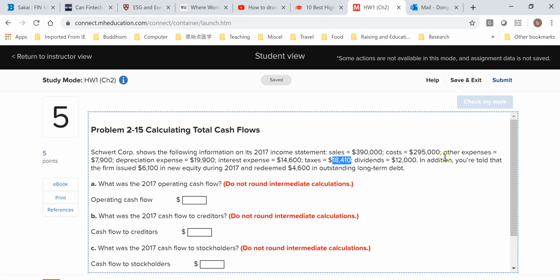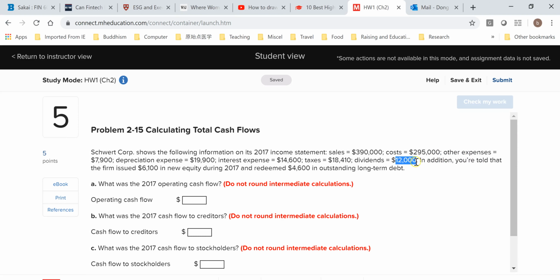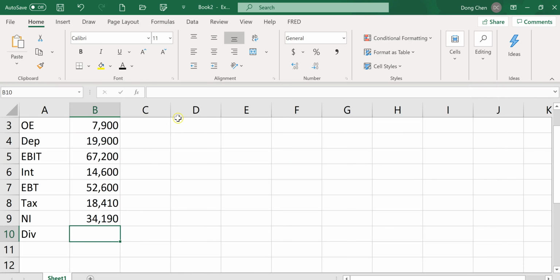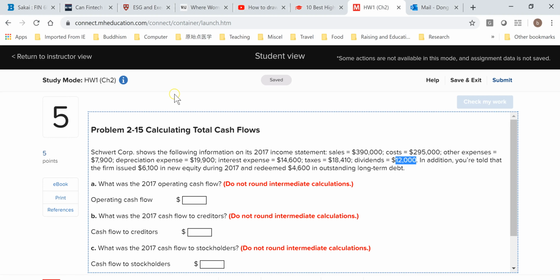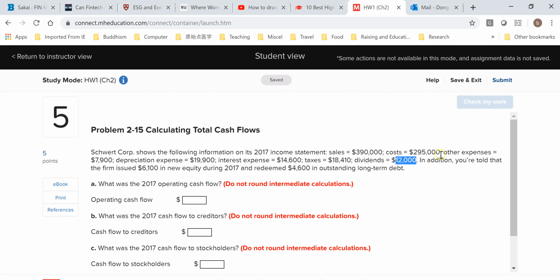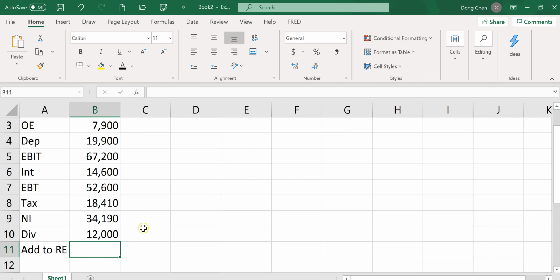So dividends is basically given by the setup, $12,000. And then the remaining is what we call the addition to retained earnings, right? Addition to retained earnings. And from this dividend and net income, we can determine that it's basically the difference between these two numbers.